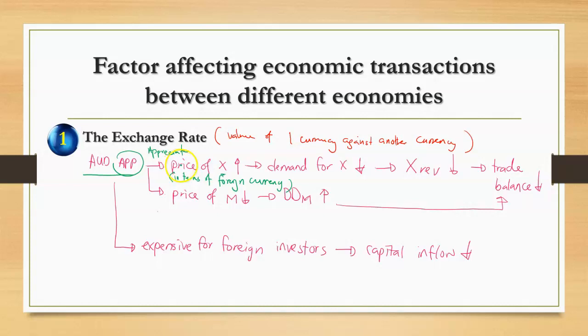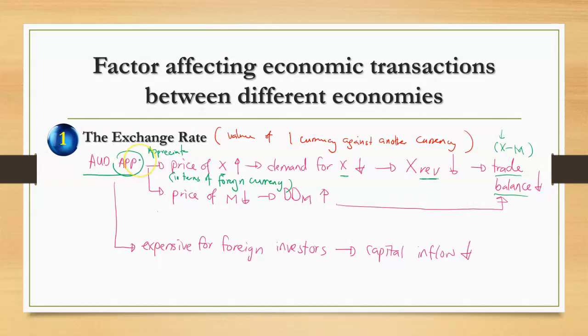If your price is higher, then demand for your exports will be lower, and that will cause your export revenue to be lower. You will earn less, and therefore your trade balance will be lower, because trade balance is exports minus imports. So if your exports are lower, then generally your trade balance will be lower.